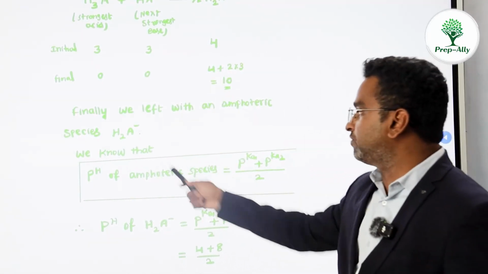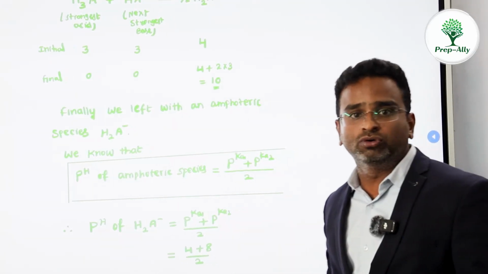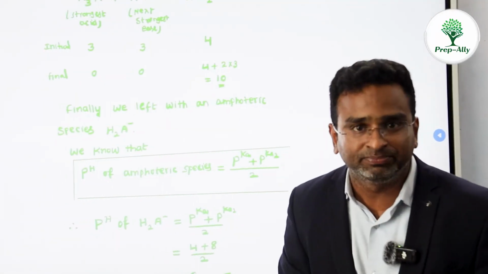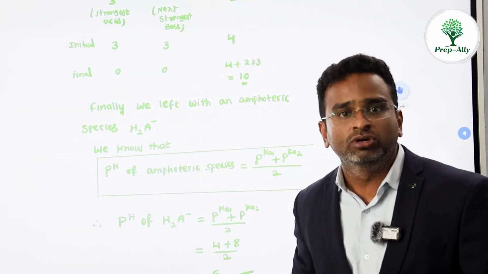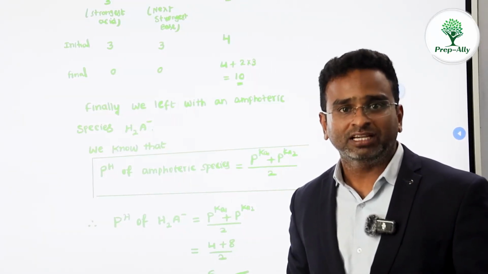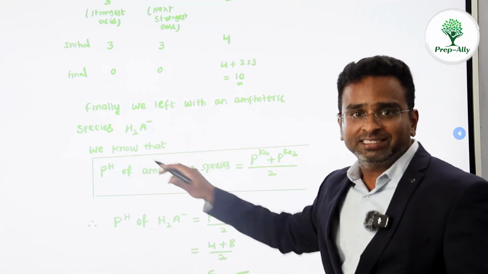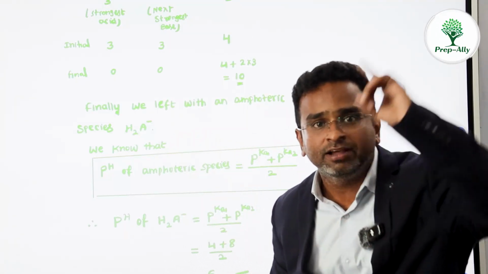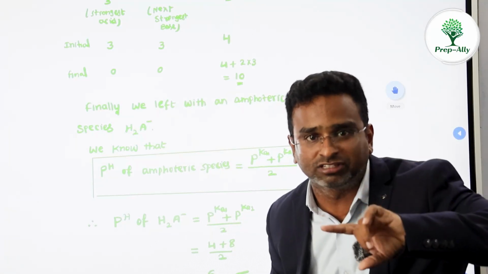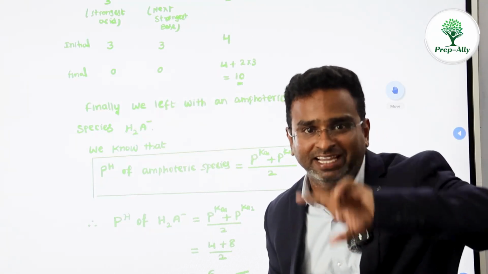Now the pH of an amphoteric species is always equal to the average of 2 pKa's, pKa1 plus pKa2 divided by 2. Whatever you have, H2A minus is involved in the first dissociation and second dissociation, Ka1 and Ka2.